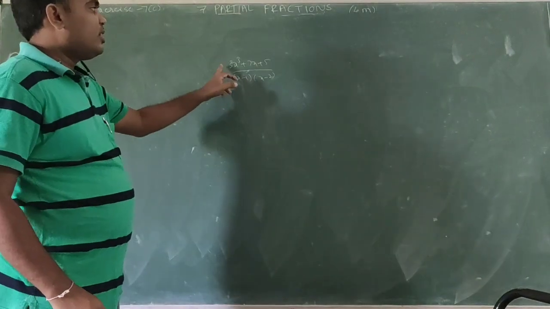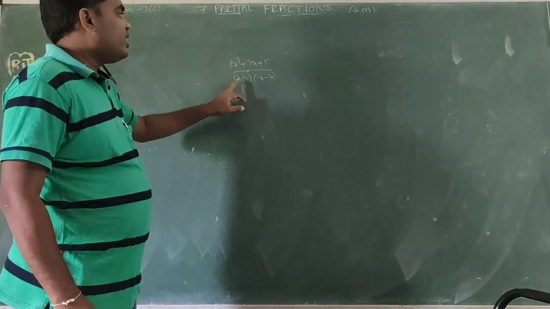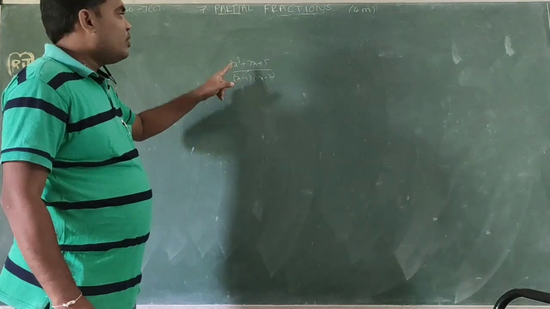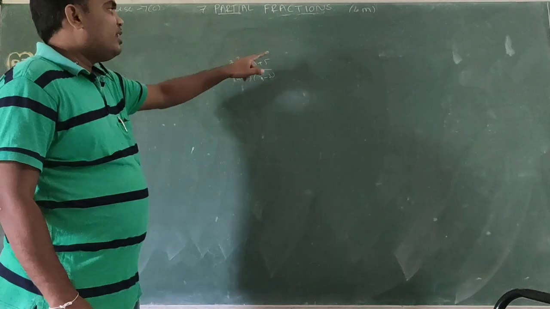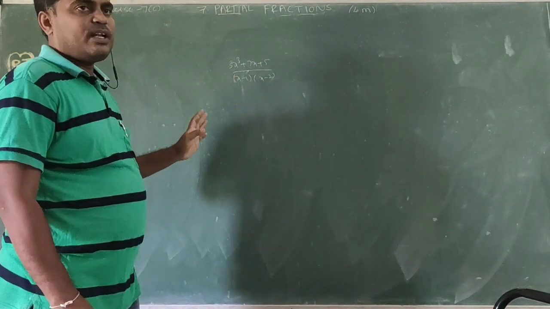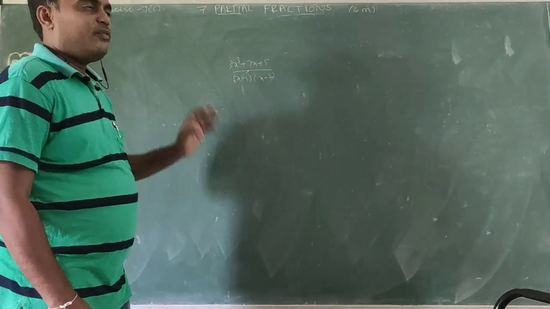The degree of the numerator is 3. The degree of the denominator, x into x square, highest power 2. So the degree of the numerator is bigger than the degree of the denominator. So it is an improper fraction.